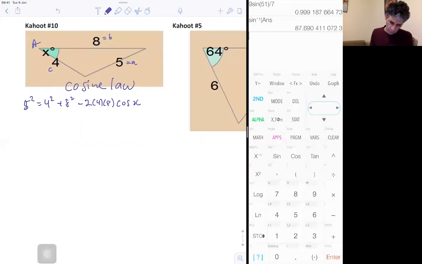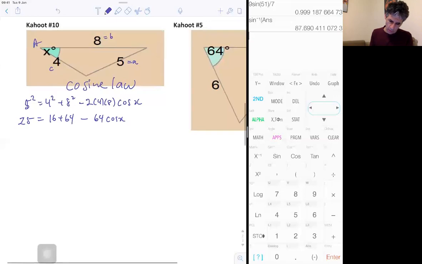Okay, and to solve this, we have to work out these numbers. This is 25, 16, and 64. And then this is also 64 cos x. Now, we add these two numbers together, but we don't subtract it from the 64 here because the order of operations means that we'd have to multiply by the cos x first.